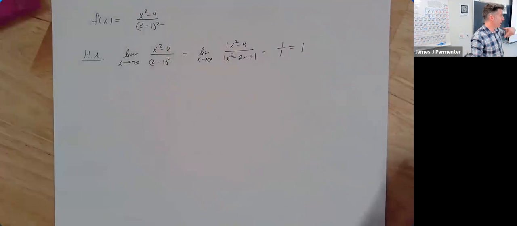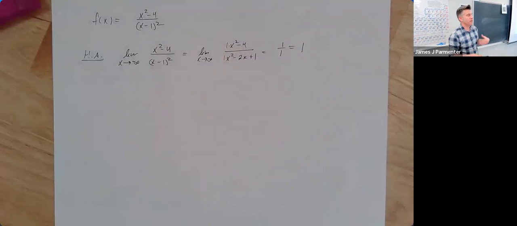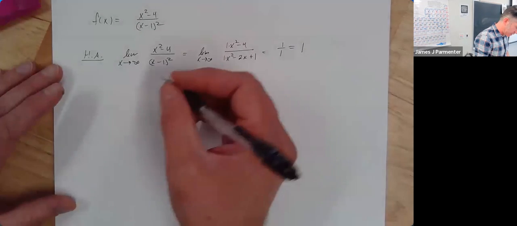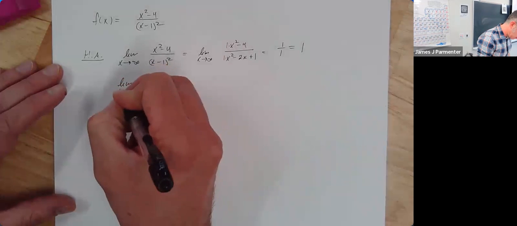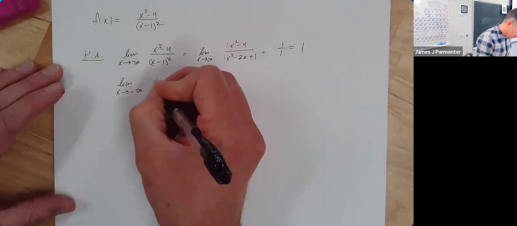When I ask what's the horizontal asymptote of this function, I'm asking the question, how does this function behave as you go way, way out? As x is really, really large, what value is the function getting really, really close to? Although she hasn't in this exam, you could also ask for the limit as x goes to negative infinity.